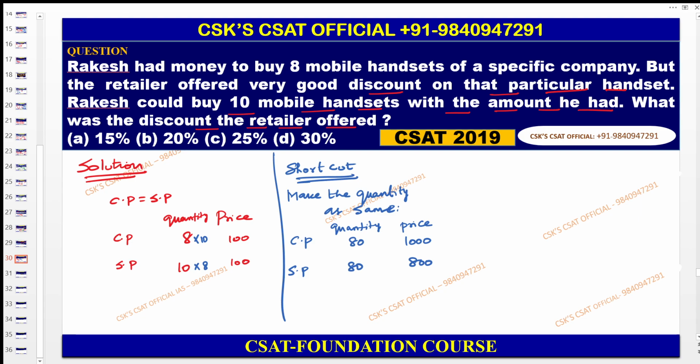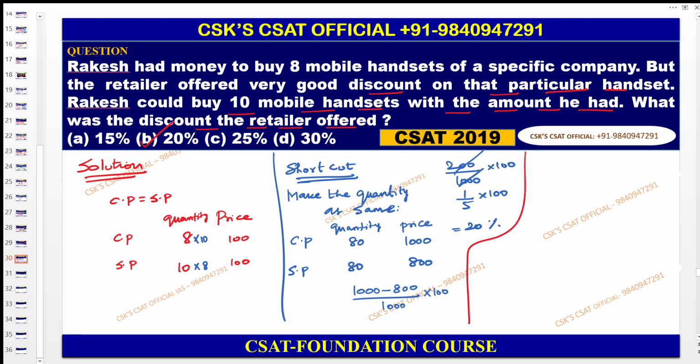So what is the discount percentage? 1000 minus 800, divided by, always the reference here is CP, so 1000, into 100. So therefore 200 by 1000 into 100. You can cancel this. 1 by 5 into 100. What is 1 by 5?